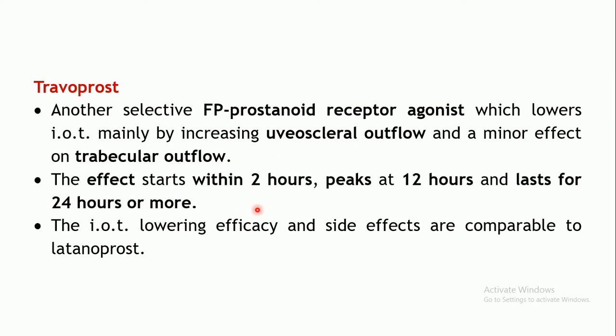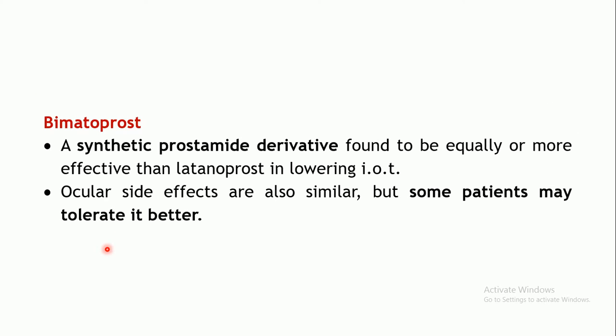The effects produced by this drug start within 2 hours, peak action, the maximum effect, is shown at 12 hours, and duration of action is 24 hours or even more than that. So this is quite advantageous. Even single daily dosing is sufficient with this drug. The rest of the properties are similar to those of latanoprost.